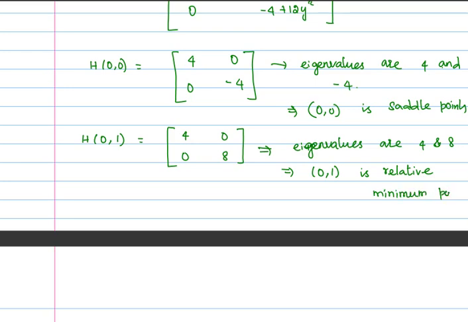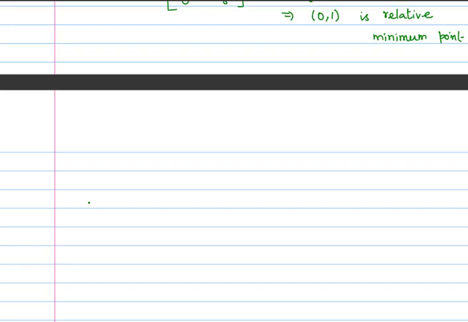Minimum point. So, h of 0 comma minus 1. This matrix also you will get the same matrix 4 0 0 8. So, the same thing only will come.